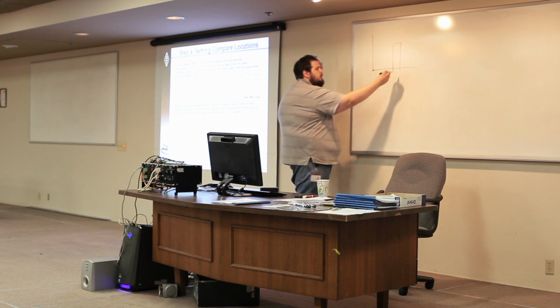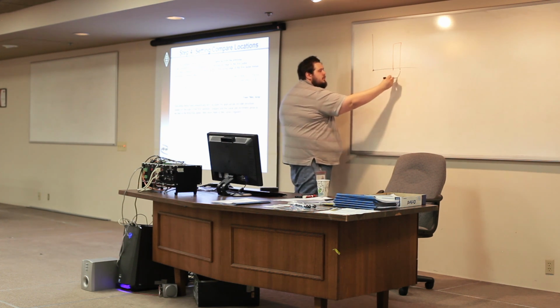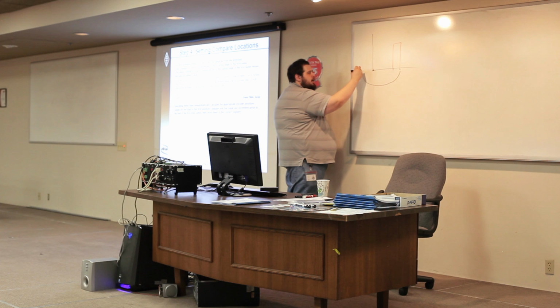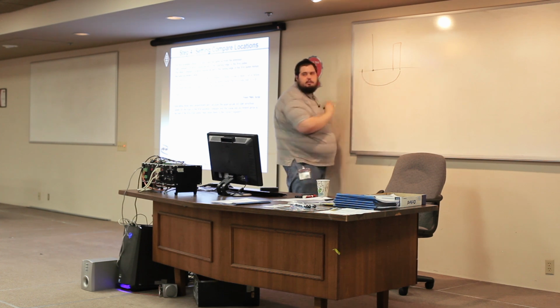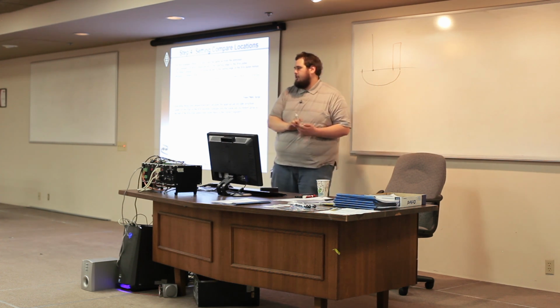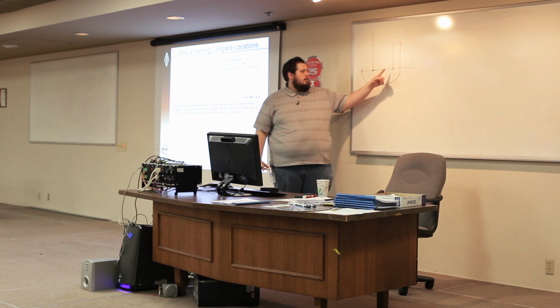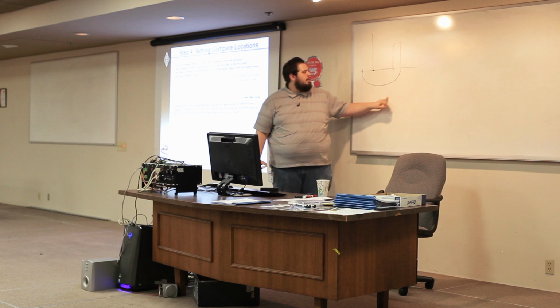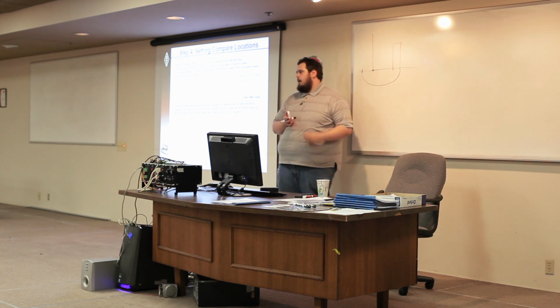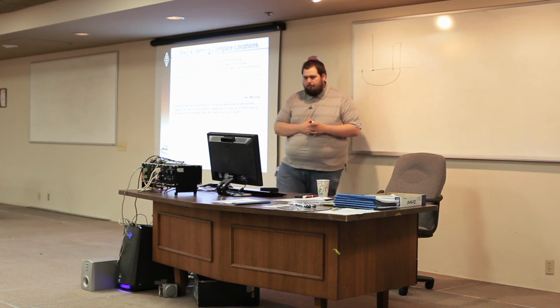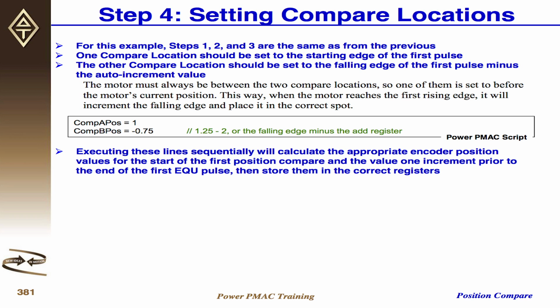So what we're actually going to do is decrement this pulse by our Comp add register such that it's all the way back here. What that will do is, as we move the motor along, as it hits the first point that turns the EQU output on, this will be incremented and it will end up back where we want it to be.